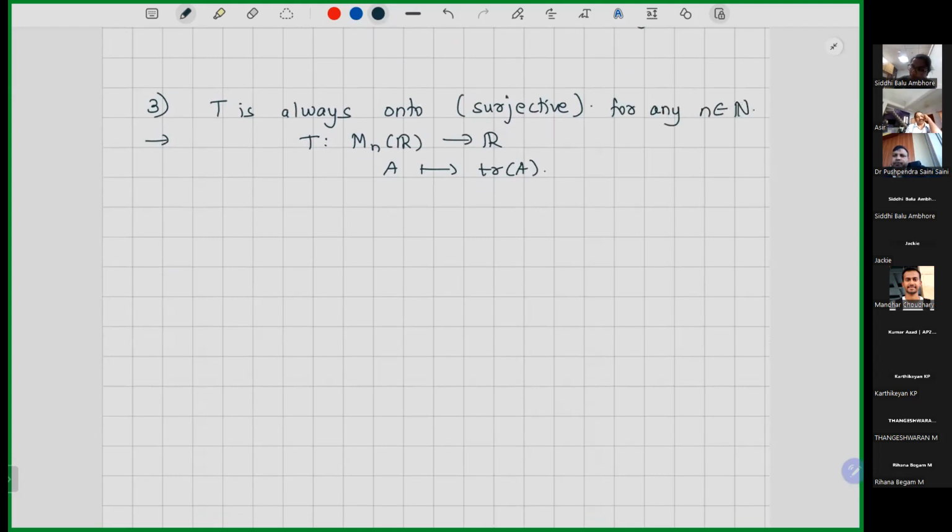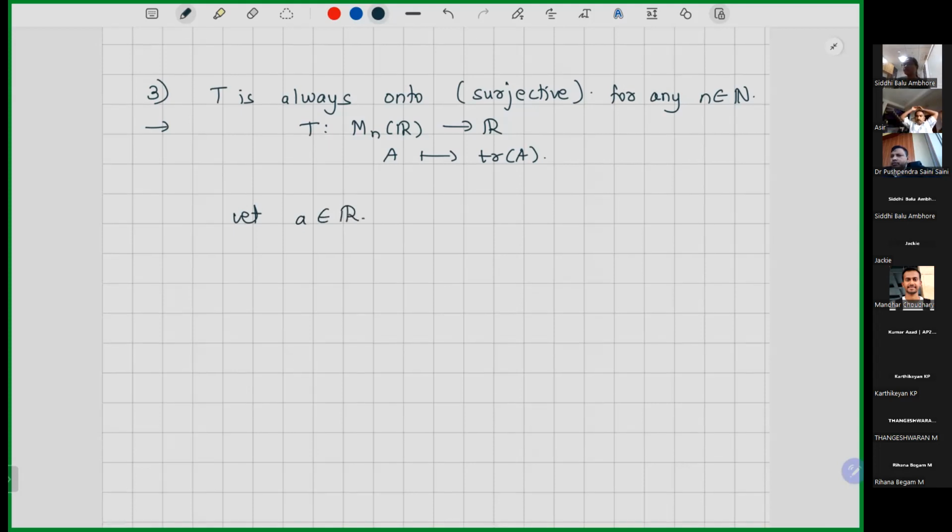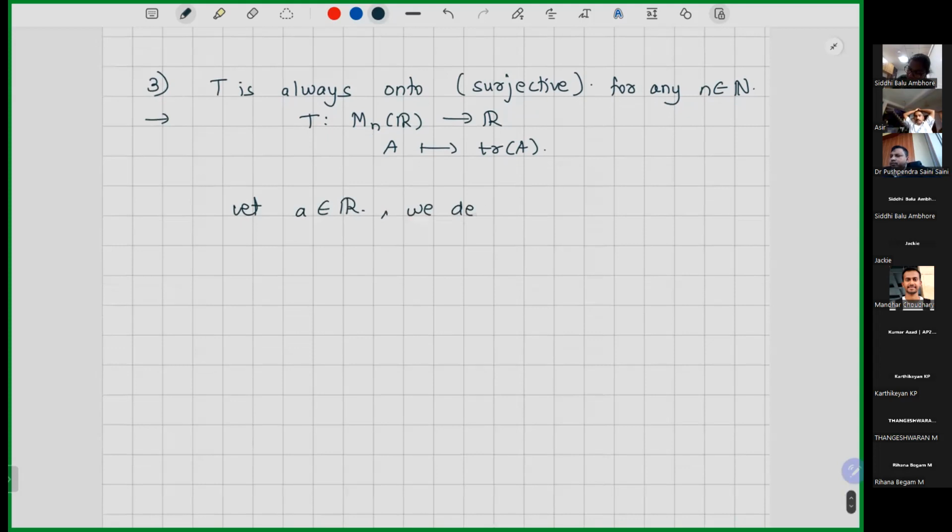Let me write this for more clarification. So I want to show that this is onto. So I have to start with something from the codomain and produce a pre-image corresponding to that element. So let a be in R. Then we define, let's say, the matrix EA where the first entry is a and the rest is 0.